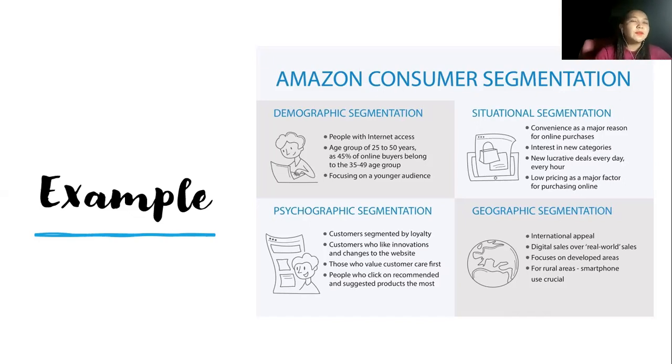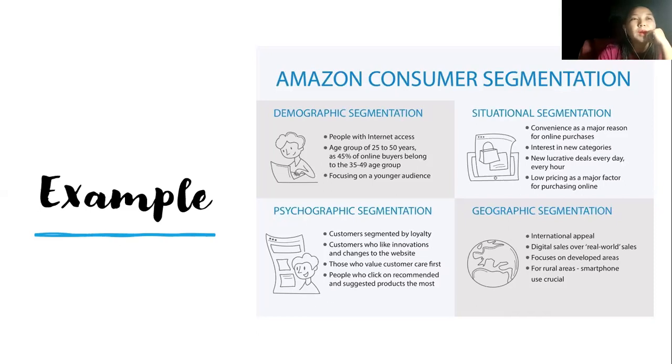So, psychographic naman, customers segmented by loyalty, customers who like innovations and changes to the website, those who value customer care first, people who click on recommended and suggested products the most. And say geographic: international appeal, digital sales over real-world sales, focuses on developed areas. Ibig sabihin na yung mga mayayaman talagang target nila, right?